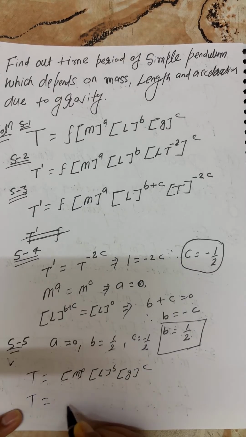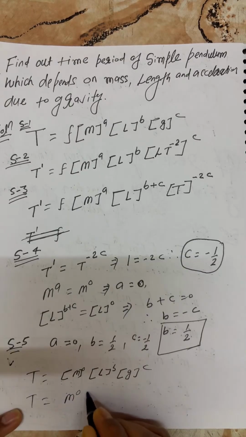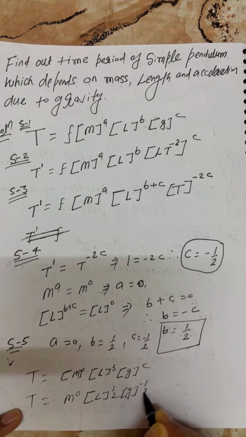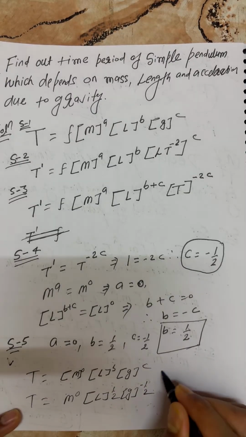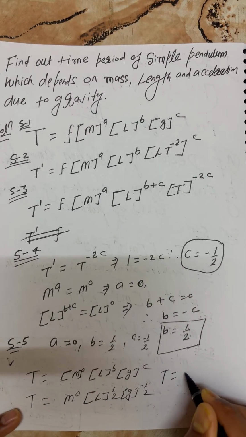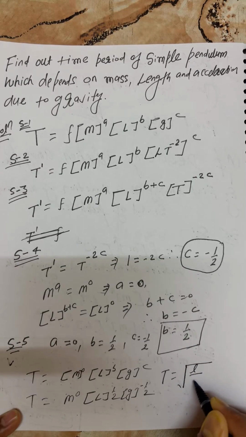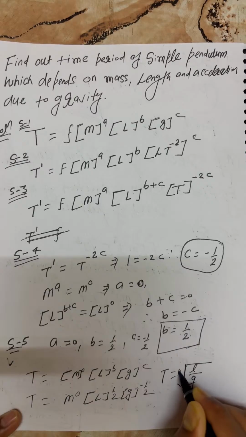So we can write here, m to the power 0 goes to 1, L to the power 1 by 2, and g to the power minus 1 by 2. So what is the formula you can write here? Time is equal to root of L by g into k.